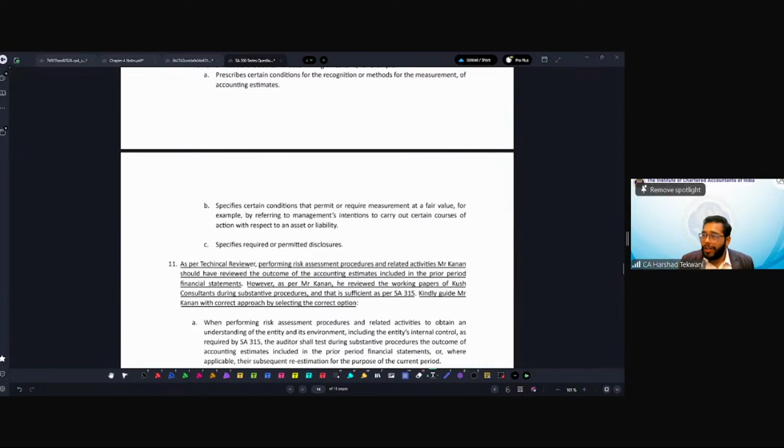You tell me what is the appropriate audit procedure, or what was the appropriate way of reviewing this particular part of re-estimating the warranty provision, whether this was supposed to be performed at the time of risk assessment or at the time of substantive testing. I'll go to the question again. Read the question for a minute and then tell me.